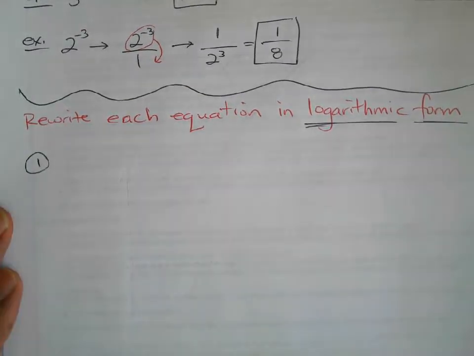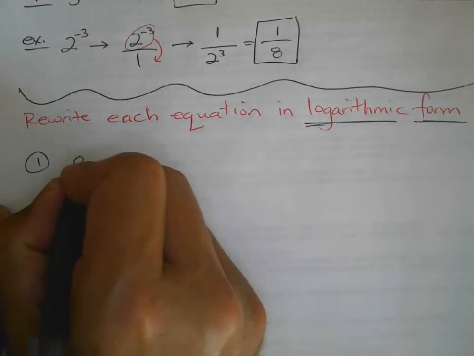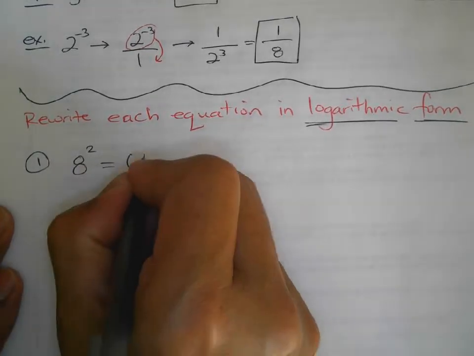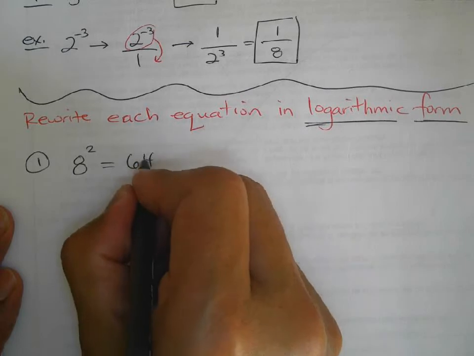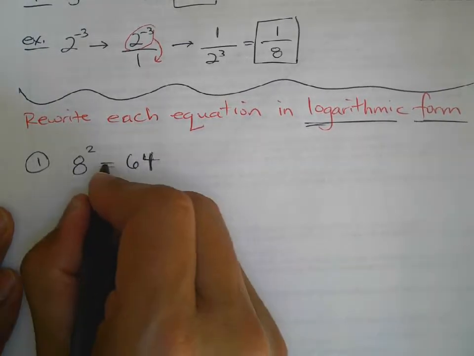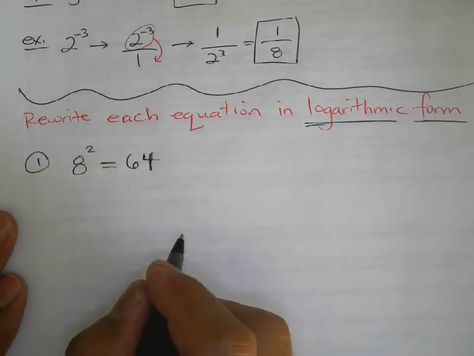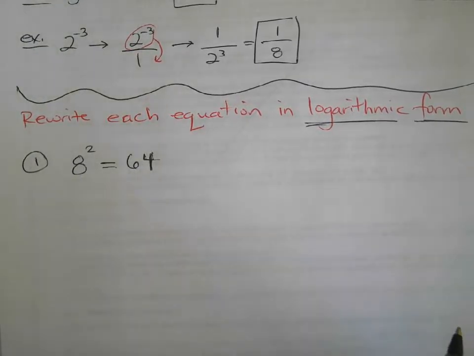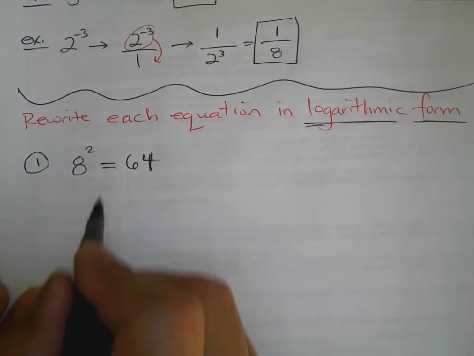Okay, let's go. Number 1, they're going to give you a true statement. You don't have to prove it. You don't have to solve it. It's already true. 8 squared is equal to 64. You're just writing this in another language, like in another form, but you're still saying the same thing, right? Like when you say a word in Spanish and it sounds one way and you say it in English, maybe it sounds similar or different, but they mean the same thing.